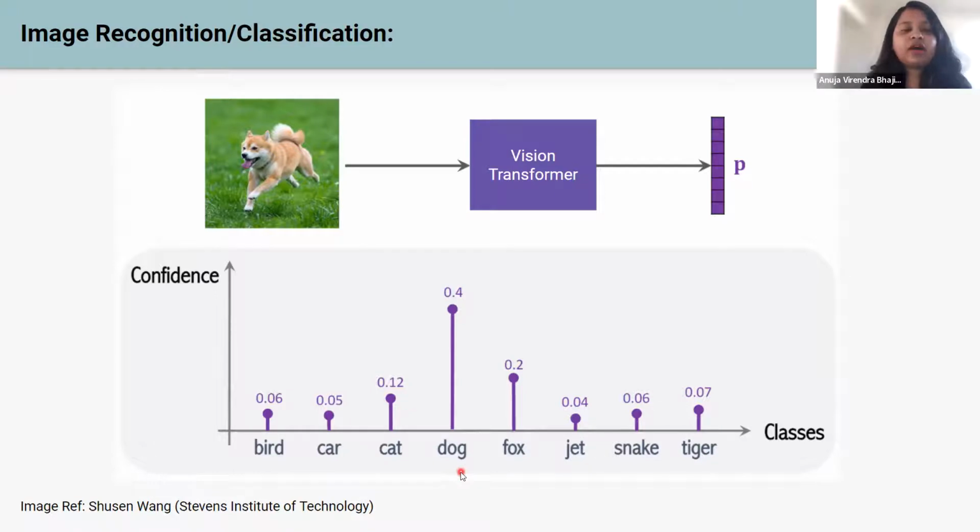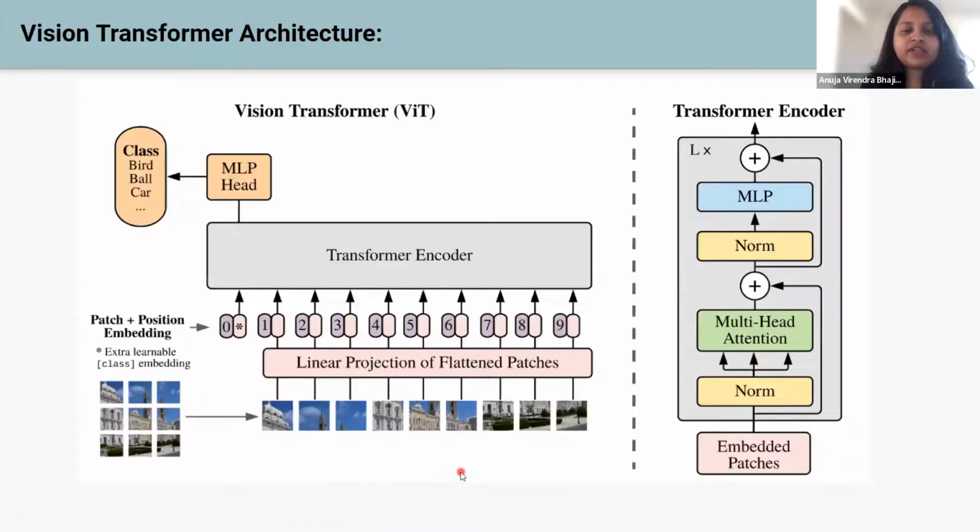Now let's see the figure of the architecture of vision transformer. As you can see, the transformer encoder architecture on the right-hand side is exactly the same as the one mentioned in the previous paper. This encoder architecture from the "Attention Is All You Need" paper is used in vision transformers.